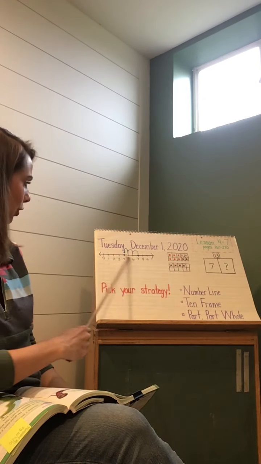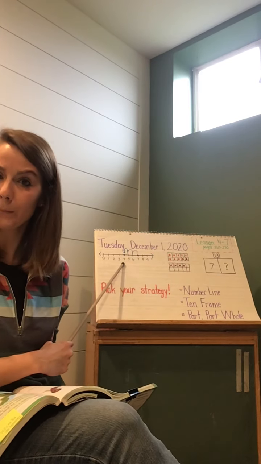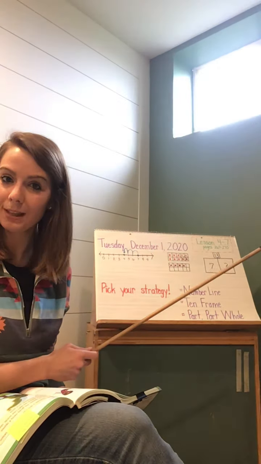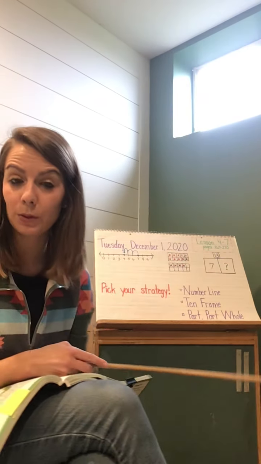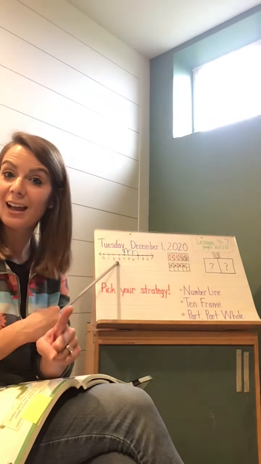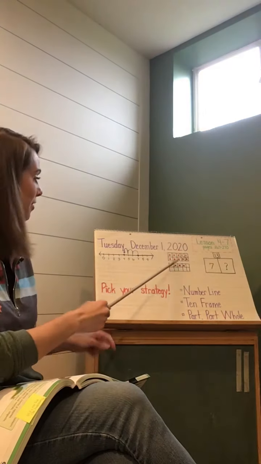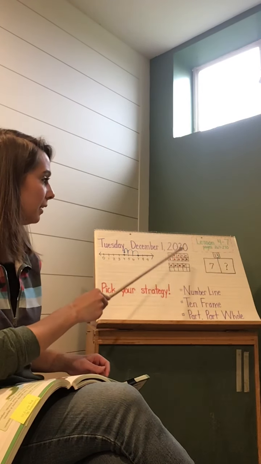Okay, so just for a review, let's look at this one first. What is this called? It's a line with numbers on it. You all have one too. I sent home with you. It's white. What is it? Good, a number line. Now this next thing, remember we see this in our book a lot.